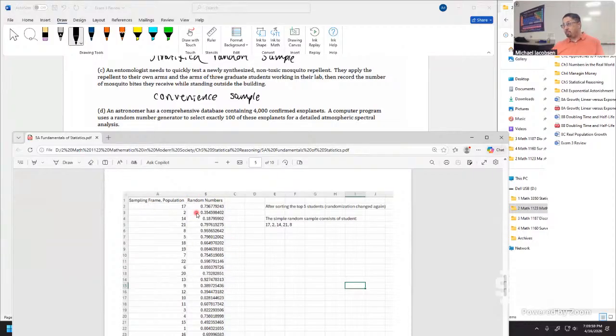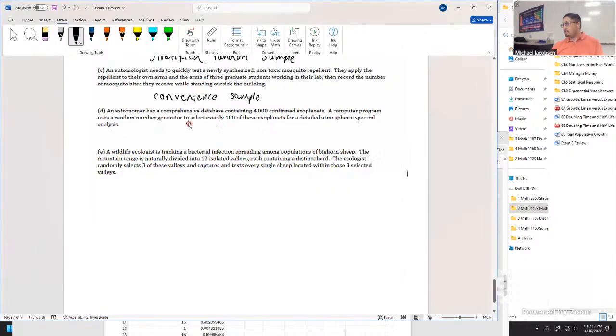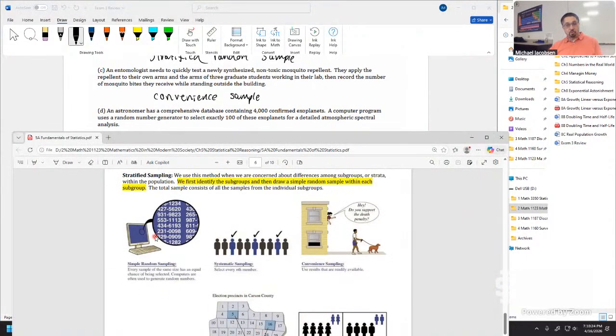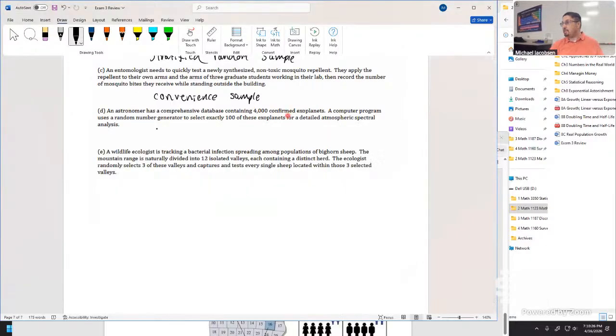We used a process of random numbers to generate a simple random sample of just the top 5 students after they're given a random number. This whole process of using computers to randomly select in this way is called a simple random sample. So if anything says there's a database and a computer program selecting information, that's what's going on right here with the graphic for the simple random sample. Tells us this one is a simple random sample.